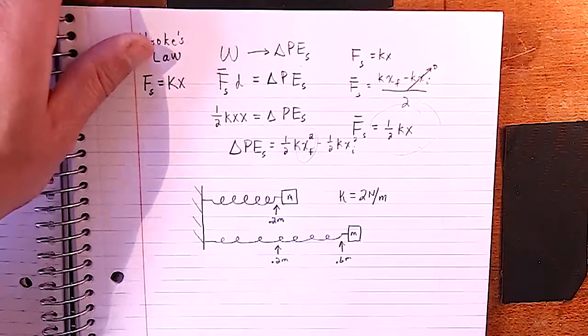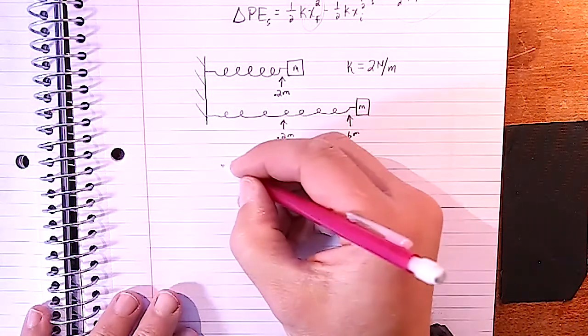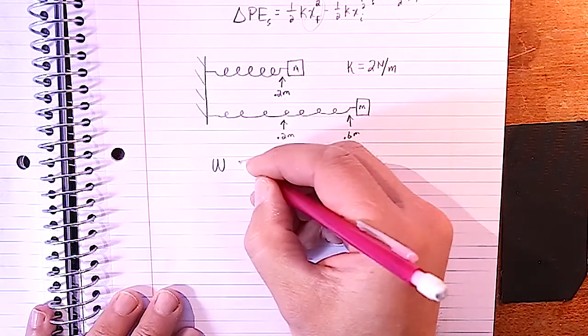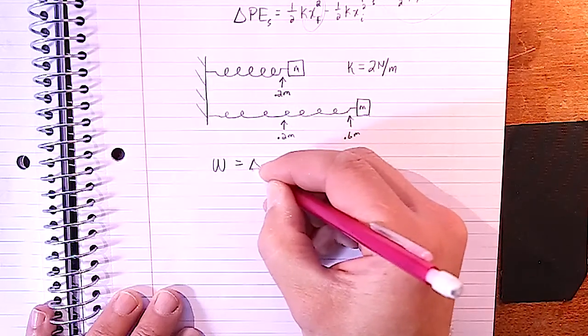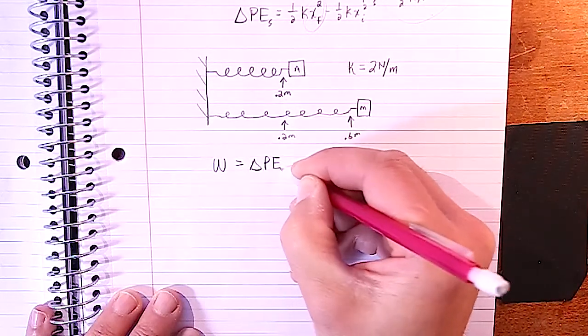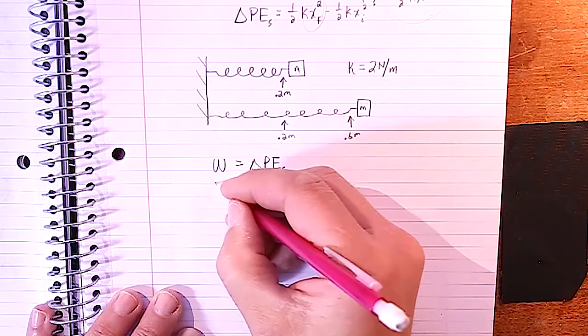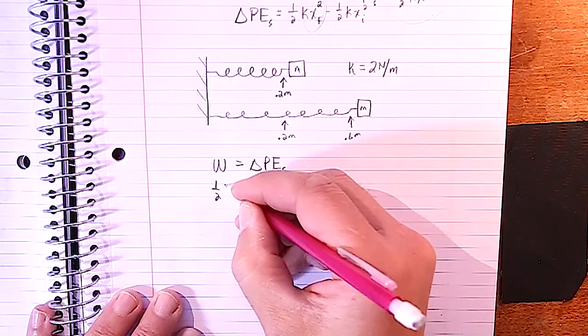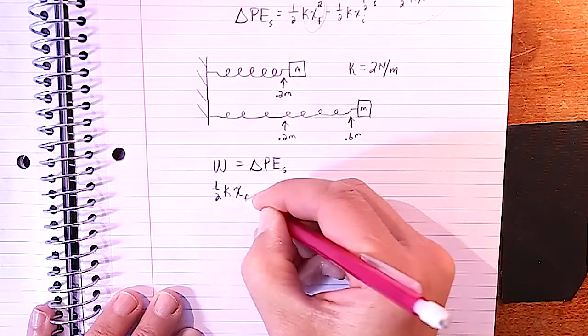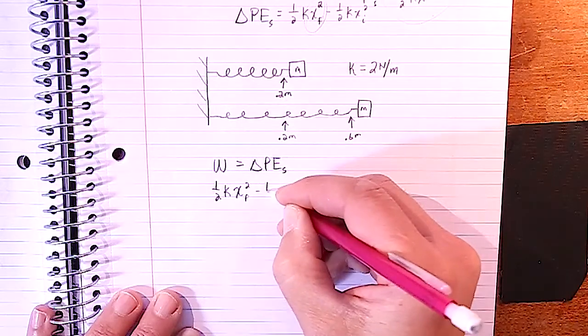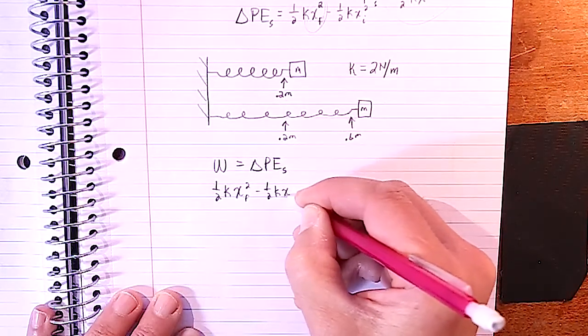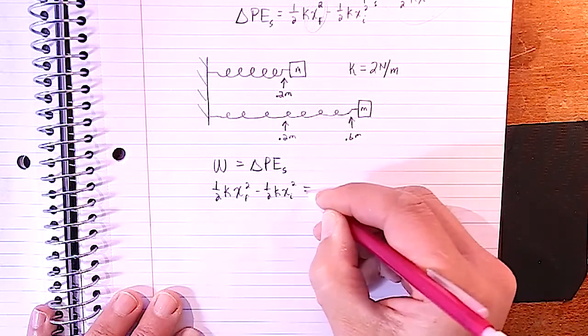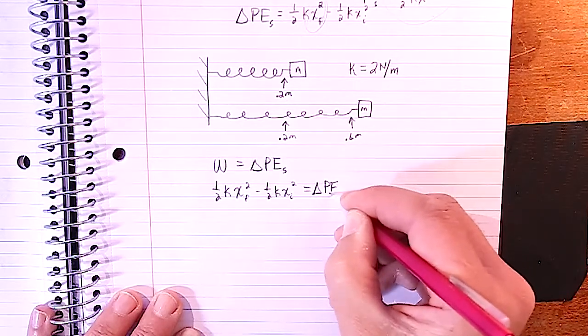So how do we do this problem? Well, all we do is what we've done before, which we say the work turns into this change in energy, which in this case is PES. So we have 1/2 Kx final squared minus 1/2 Kx initial squared, and that's our change in spring potential energy.